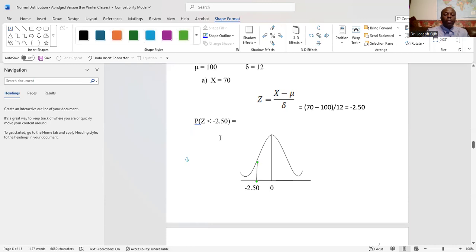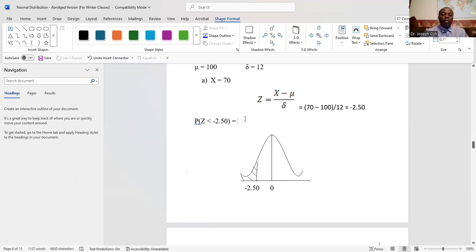And they say less than that. So you have to shade this side, because this side is less than that. Left side, so less than negative 2.50. You shade it.